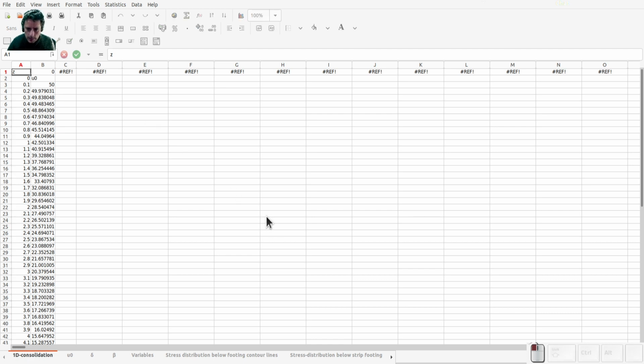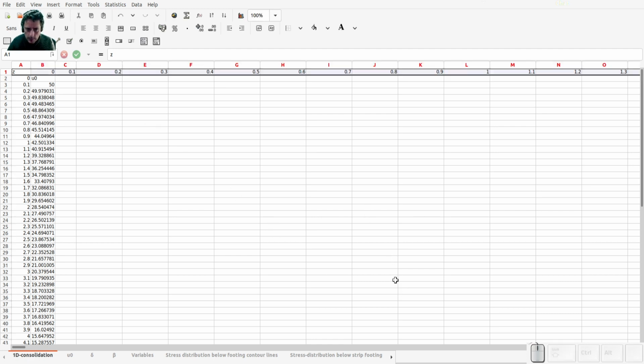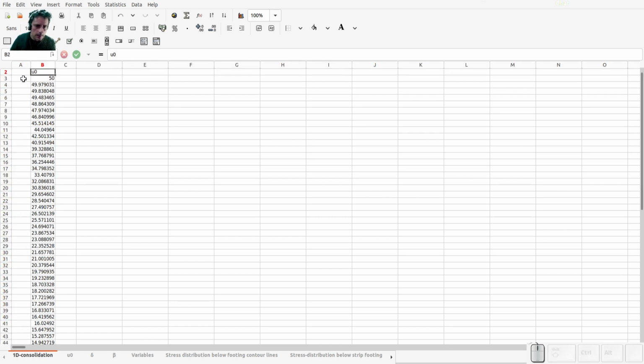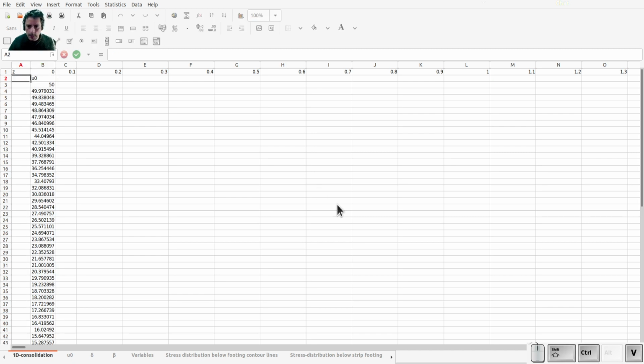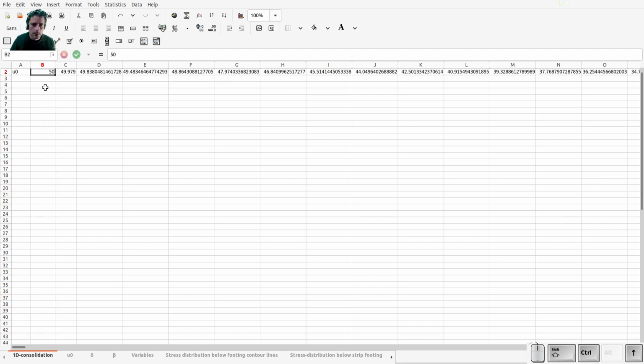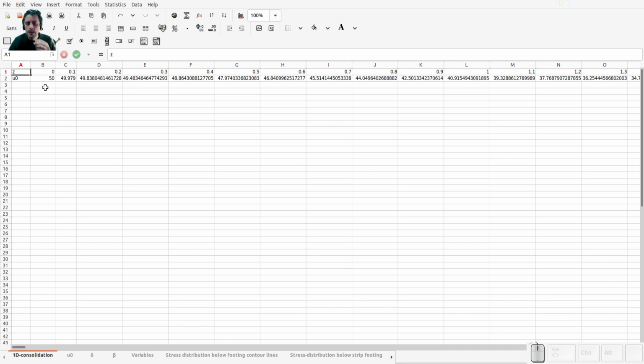We paste as values, transposed. There you go. So we eliminate this, and we do the same thing with the other one. We paste as values, transposed.